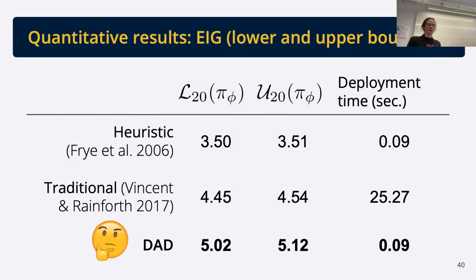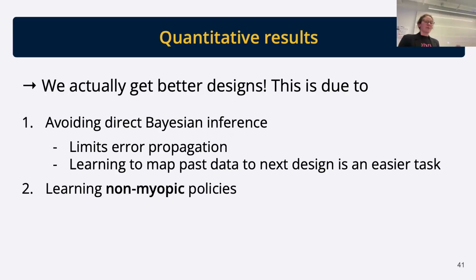So how come we're actually performing better than this much more expensive procedure? And if you were careful, there are two reasons that I can think of. The first one is that, in a sense, avoiding direct Bayesian inference can be a good thing.